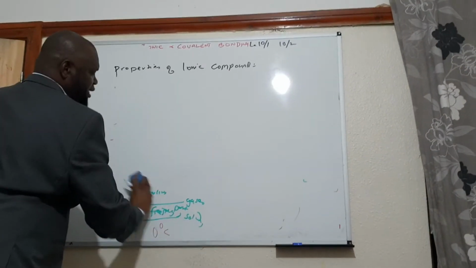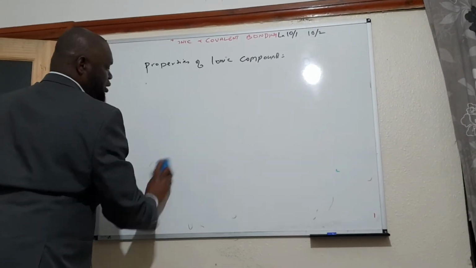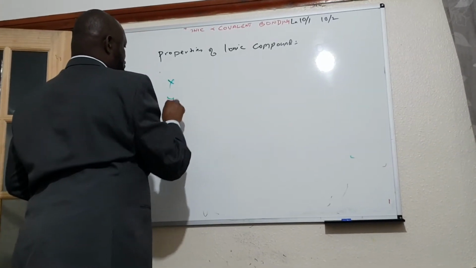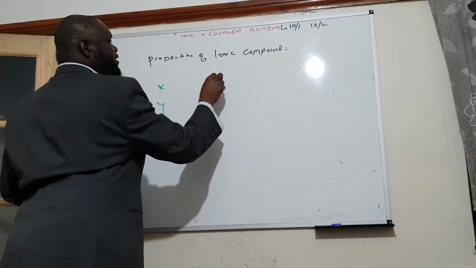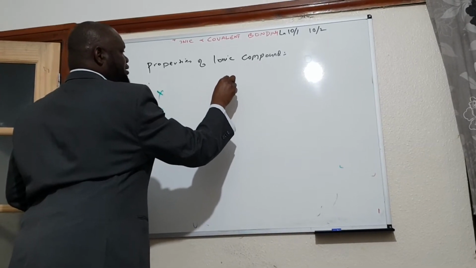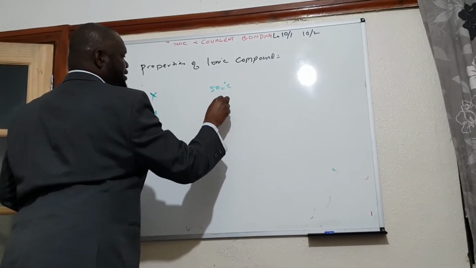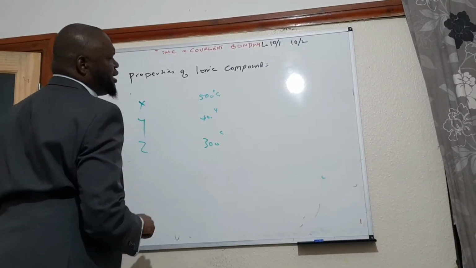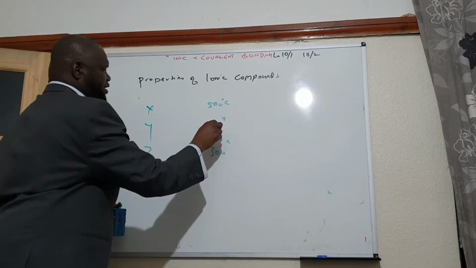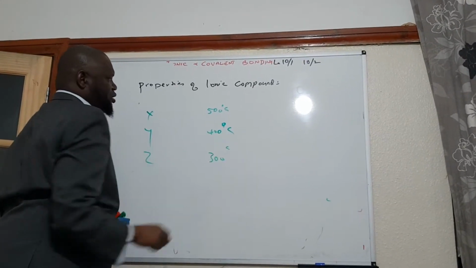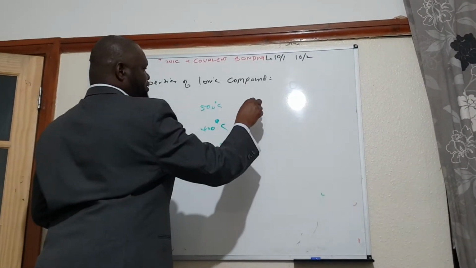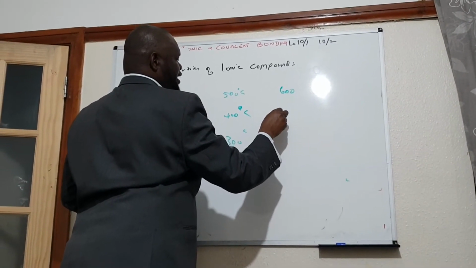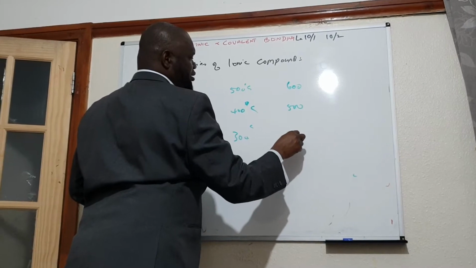In the exam, they can give you melting and boiling points, yes? Compound X, Y, Z. Melting point 500 degrees centigrade, 400 degrees centigrade, 300 degrees centigrade. Or electrostatic forces: 600, 500, 400.